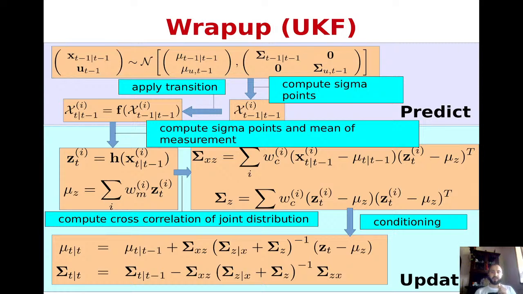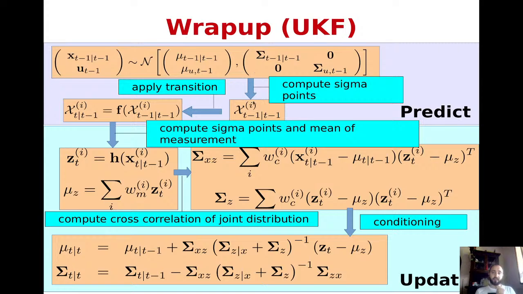So, UKF wrap up. Now we will go into the detail of each single step, to see how we can translate those formulas inside the actual code. So here we have the Gaussian, which we represent as a joint distribution between the state and the controls, right? So we have the two means and the covariance matrices.